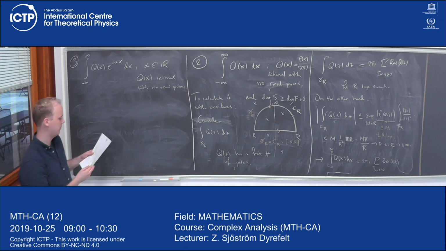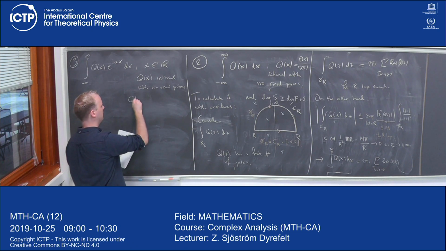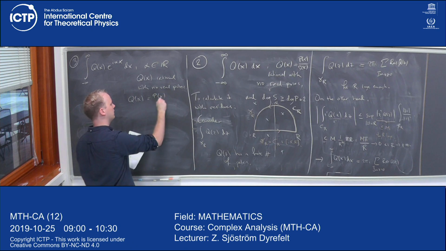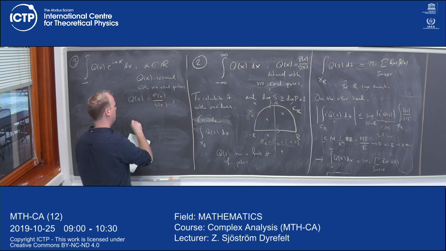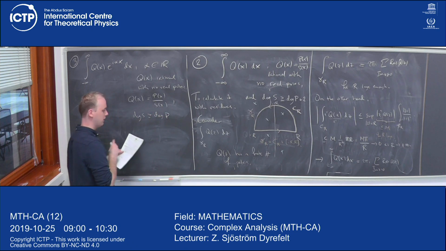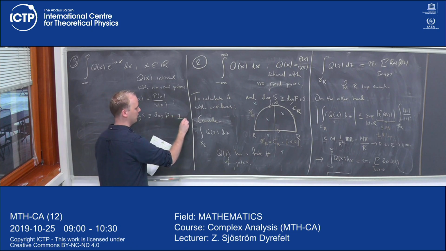And q of x is p of x over s of x, where the degree of s is greater than or equal to the degree of p, but I believe it may be enough with plus 1 here.